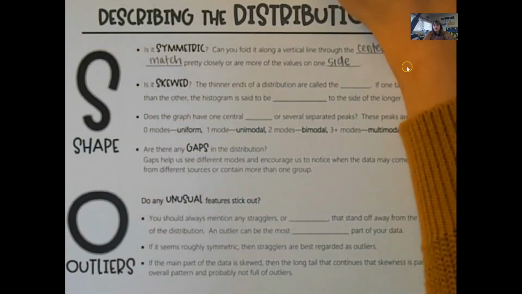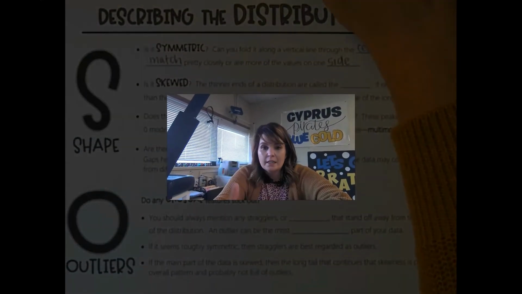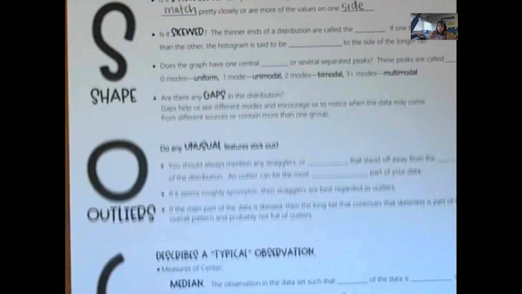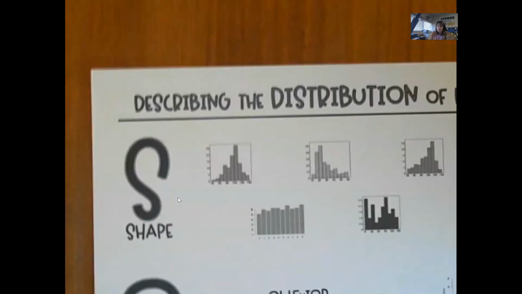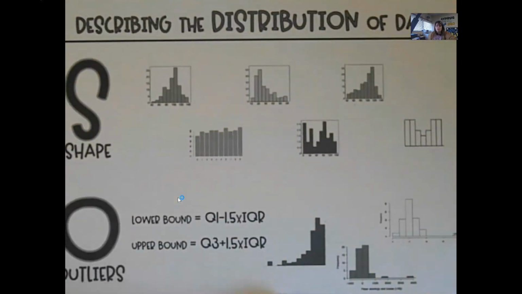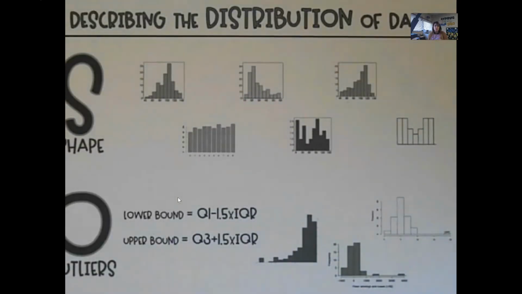When you, in your mind, fold that distribution in half, the data doesn't have to line up perfectly, it just has to be close. In fact, you're very rarely going to see a distribution that is truly symmetric, like 100% symmetric. So if we turn this cardstock, we're going to get some examples of graphs or distributions. We're going to identify which ones are symmetric.